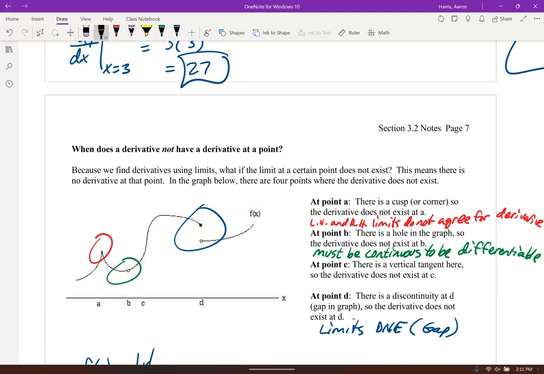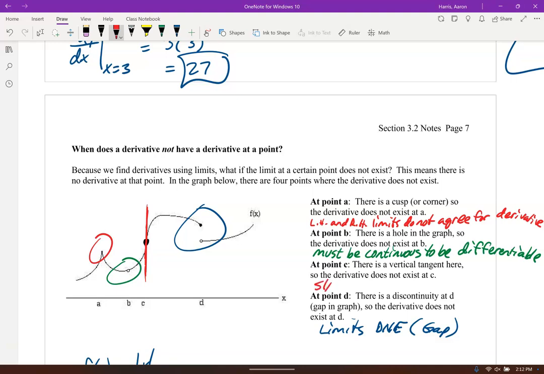Now lastly, what about C? Why is C a problem? Let me try and put C on here. So there's the point at C. Well, it looks like it's filled in, it's continuous. What's the problem? If you were to draw this, the slope is perfectly vertical. Well, what's the slope of a vertical line? It's undefined.